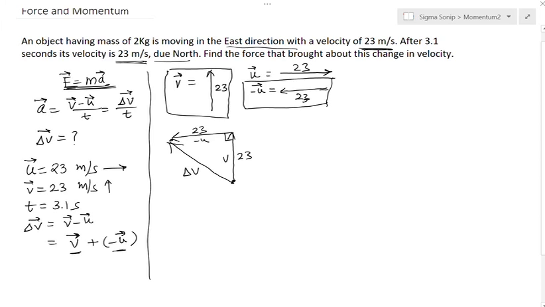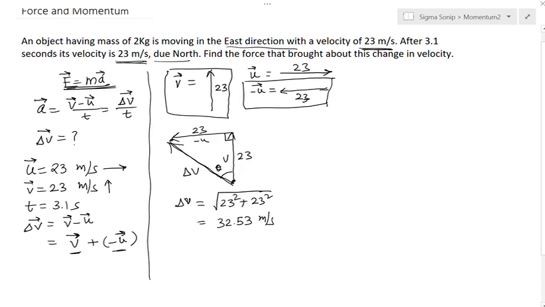I can use the Pythagoras theorem here. So the magnitude of delta v, the length of this vector, is equal to the square root of 23 squared plus 23 squared, which is 32.53 meters per second.